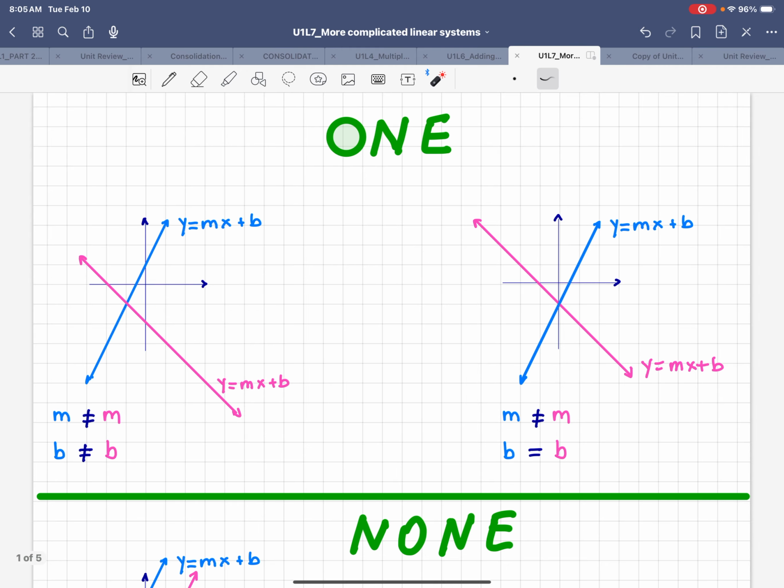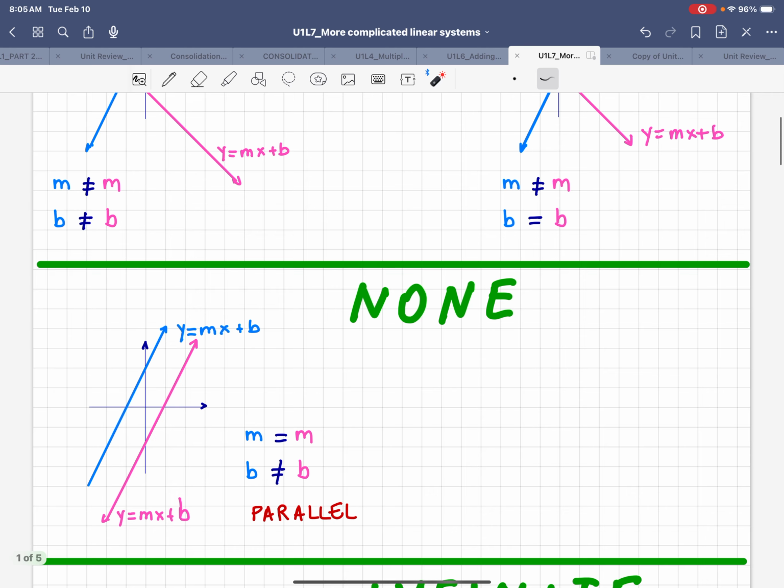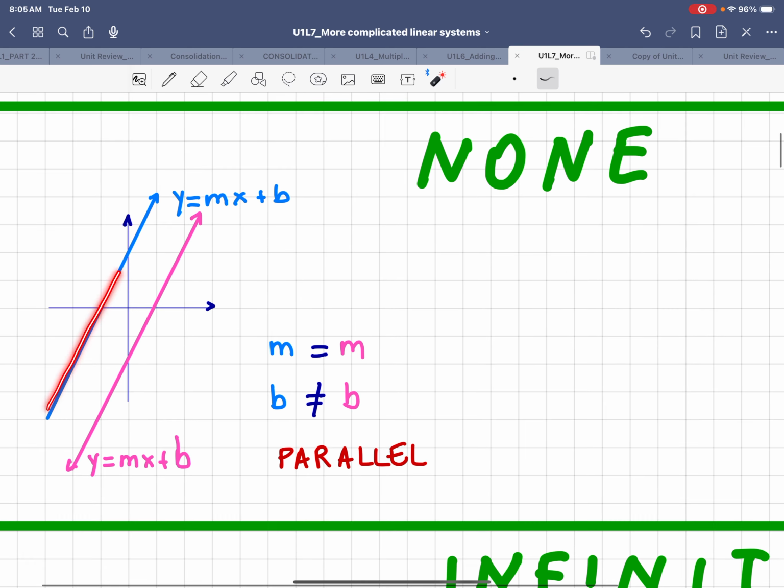Now, the second case that we looked at is when the two lines have the same steepness, so the same slope, but different y-intercepts. So this will form two parallel lines, which means that they will never meet each other, so they will never have a common point of intersection.